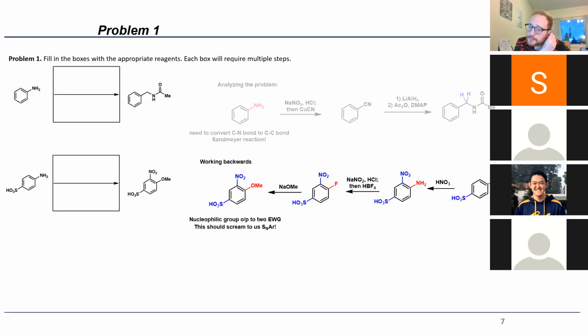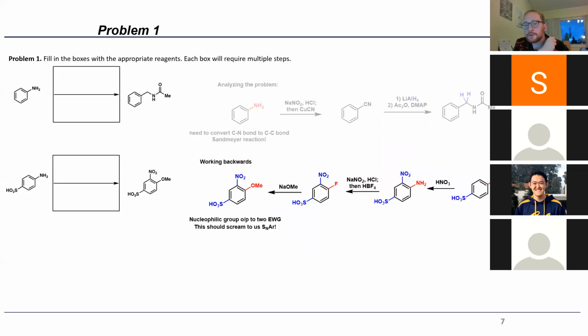Similar for the nitro group, would that be messed up under acid? Say that again. With the nitro group, I think in the book there's some condition where they use acid to turn a nitro into an amine. I think the reaction may be, and maybe you could find the specific section that you're thinking about.